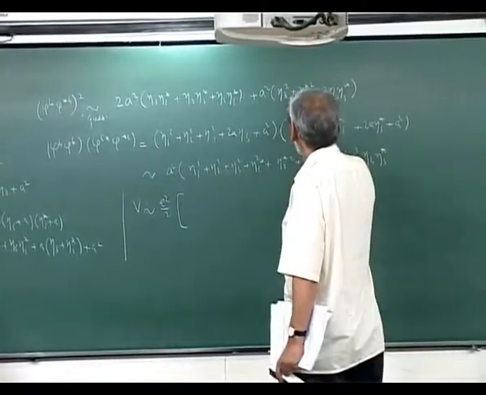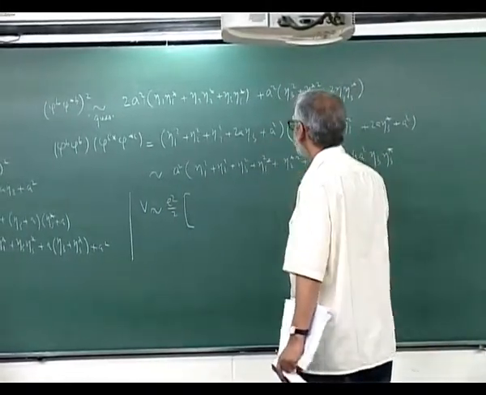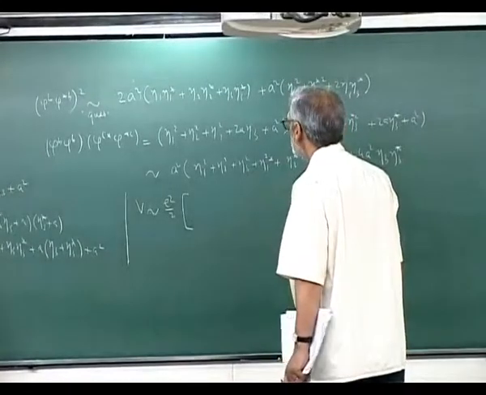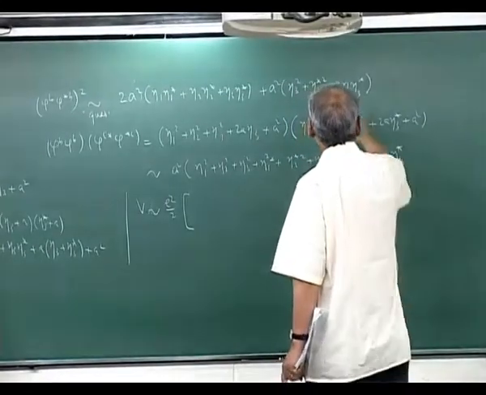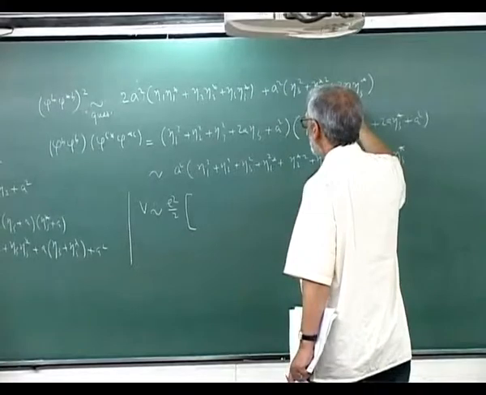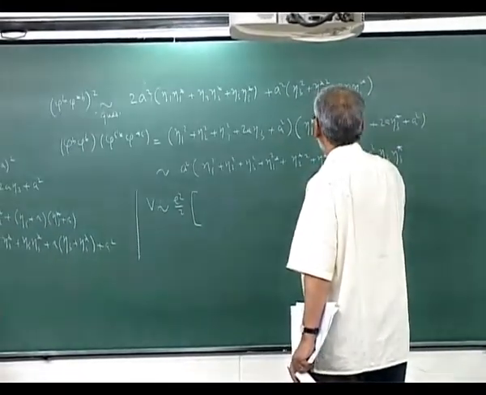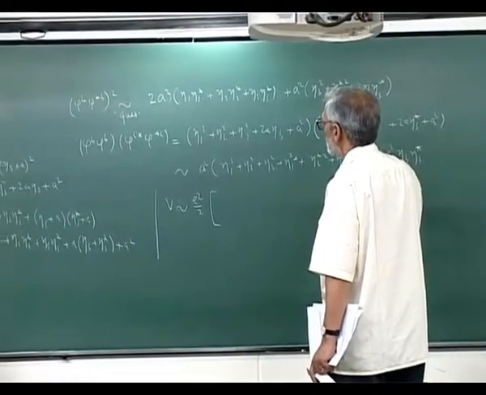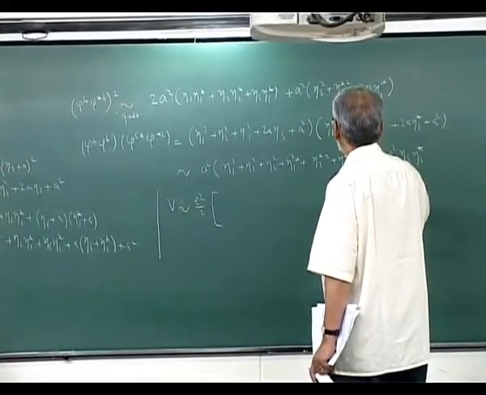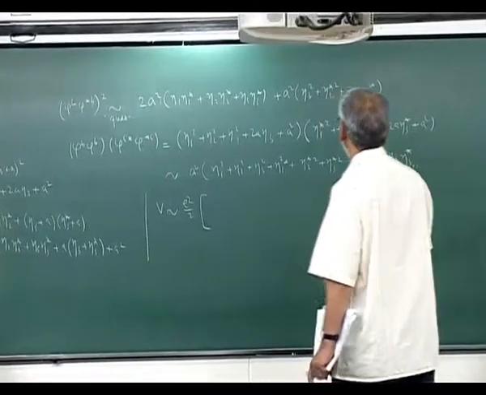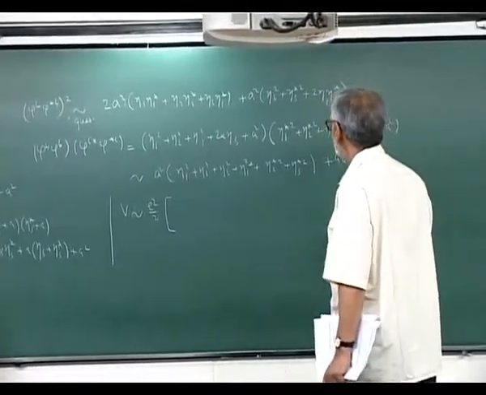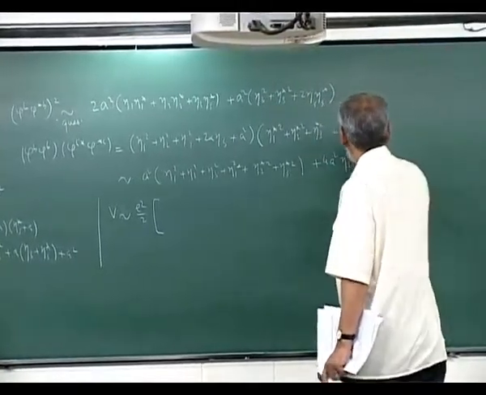Now if I subtract this from this, this is what all goes away. That's 4 this times this.